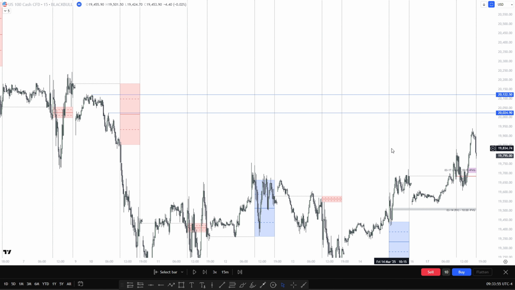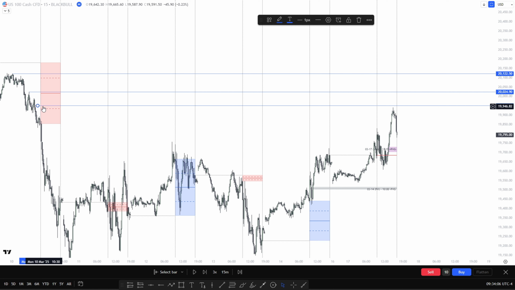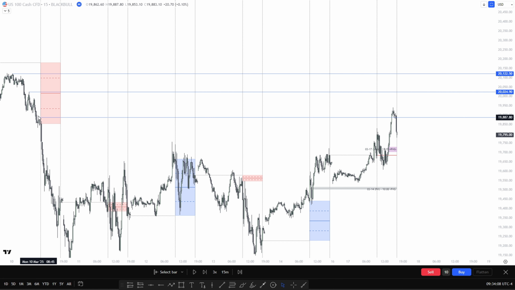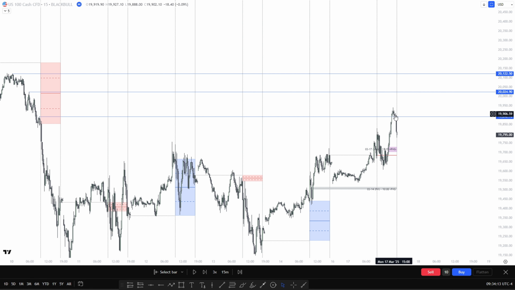And remember, guys, this is draw on liquidity. Doesn't mean it has to trade all the way there during that specific session, but it should draw towards it. There is another high here, which actually was what stopped the price.